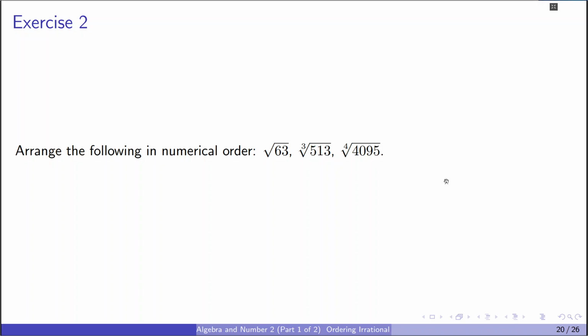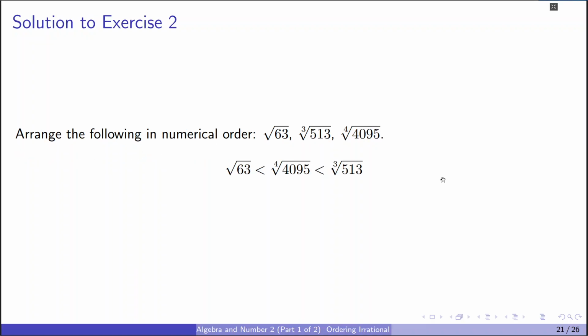Now arrange these in numerical order. Root 63, cube root of 513, and the fourth root of 4095. Pause now and take whatever time you need. All right, so these, root 63 is the lowest. We just had to rearrange the second and third.